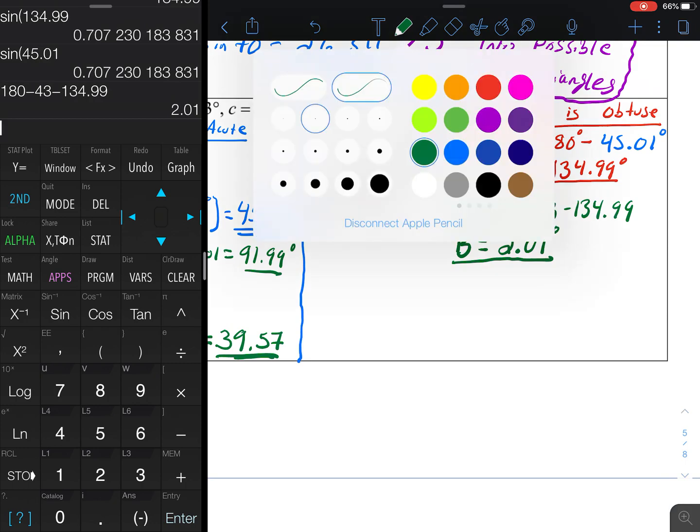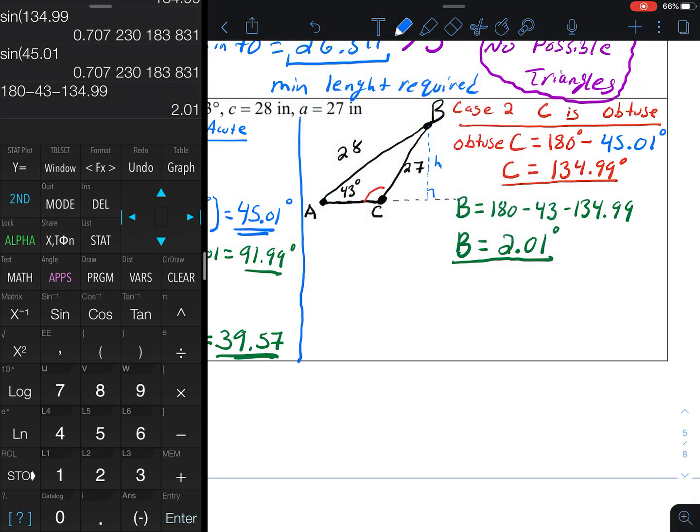So we have new angle B. Last thing is to get new side B. Well, I'm going to use my given measure, my unrounded version. So sine of 43 divided by 27 is going to equal, so I have to find side B, sine of 2.01 degrees divided by side B. Now side B is that one right here. And we'd cross multiply.